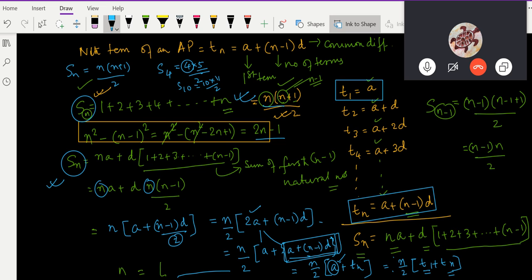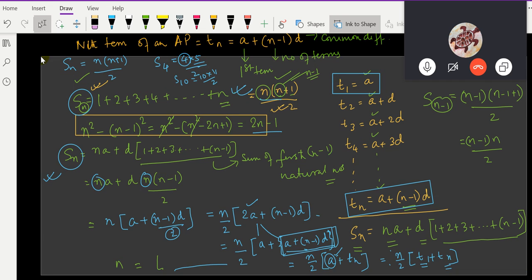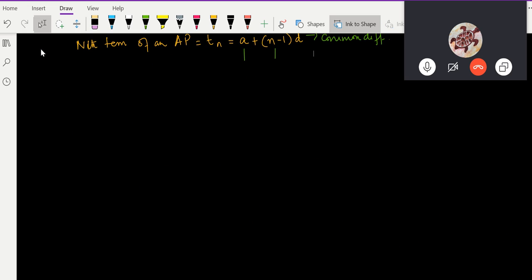Let us now summarize all this and let me explain why I did all this. First we saw that the sum of the first n natural numbers is equal to n into n plus 1 by 2.